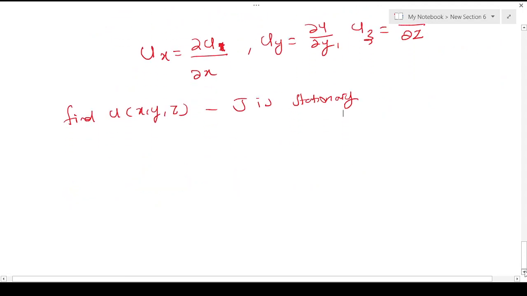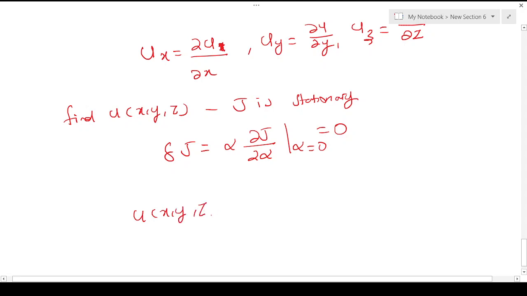For that, we can again execute delta J equal to alpha into dou J by dou alpha at alpha equal to 0. Okay, so by generalizing this, we introduce the alpha term also: u(x, y, z, alpha) is equal to u(x, y, z, 0) where alpha equal to 0, plus alpha into eta of (x, y, z).